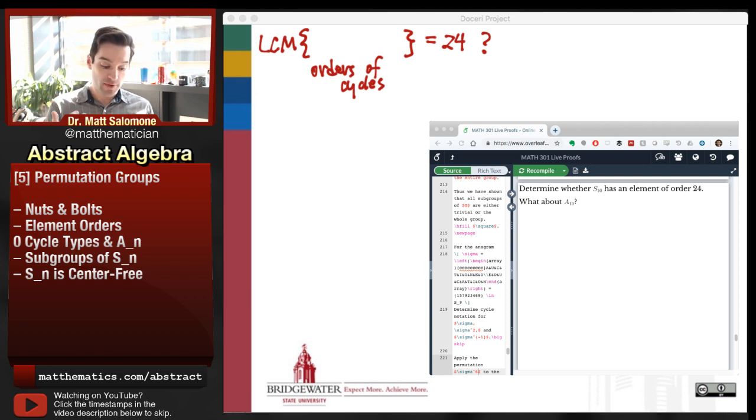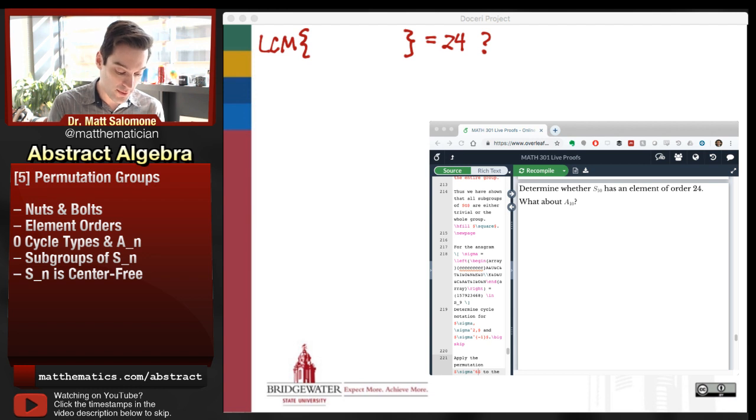Give me some examples of lists of numbers whose least common multiple is 24. And after that, we'll start looking at whether or not those can be the orders of a cycle type that lives inside of S10. Just reminding myself that these are going to be orders of cycles at the end of the day. But let's start listing some possibilities, just from a number theory perspective.